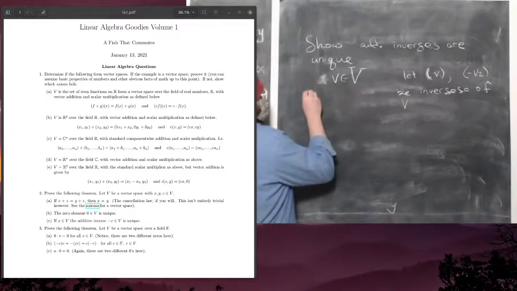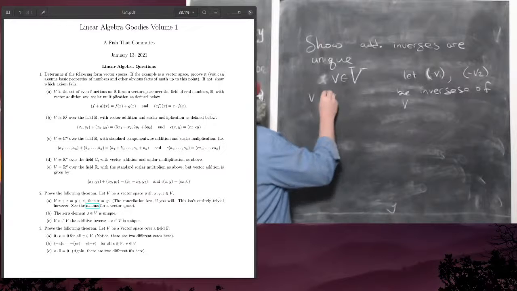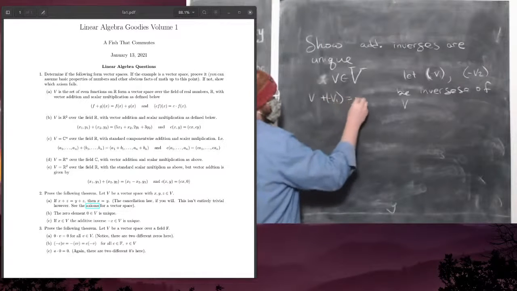That means, so we're assuming that both V plus negative V1 equals 0.